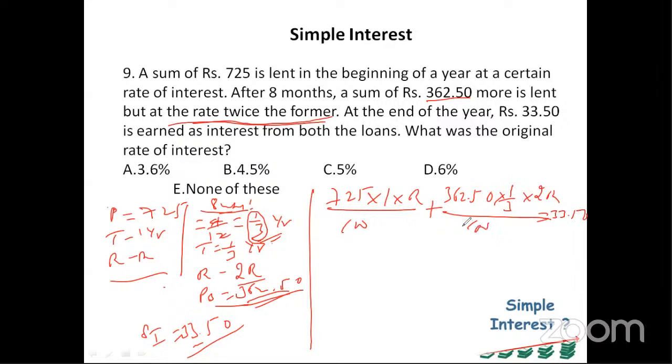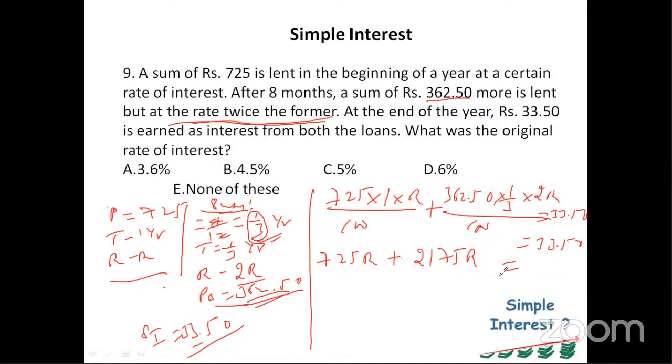It is equal to 33.50. Okay. So on doing the cross multiplication, this side we get 3,350 because this 100 gets cross multiplied here. And here we have 725R plus, when we multiply, we get here 2175 R is equal to 33.50.